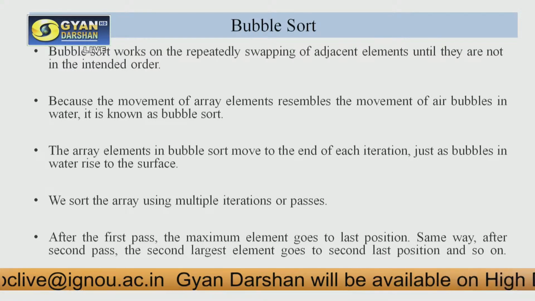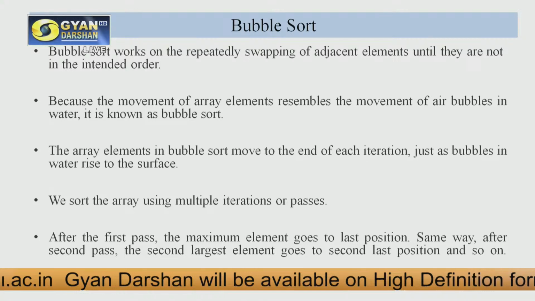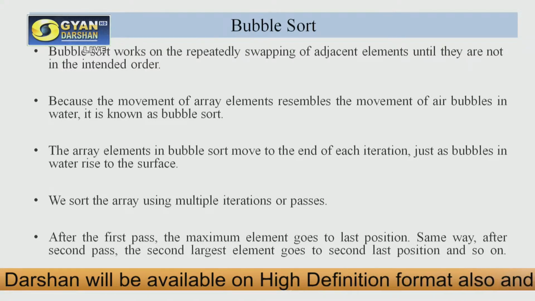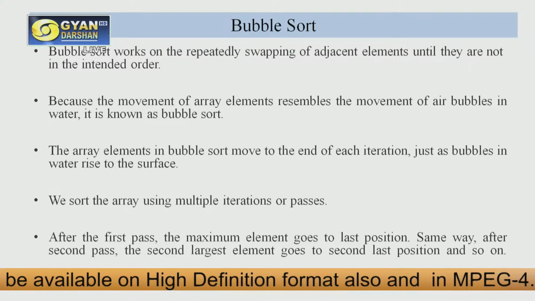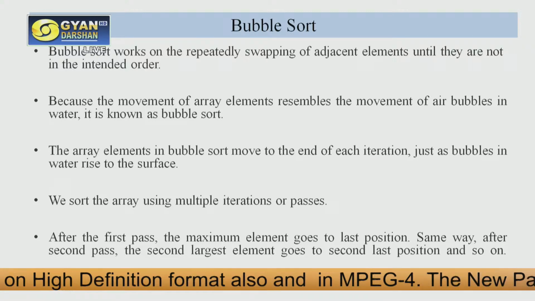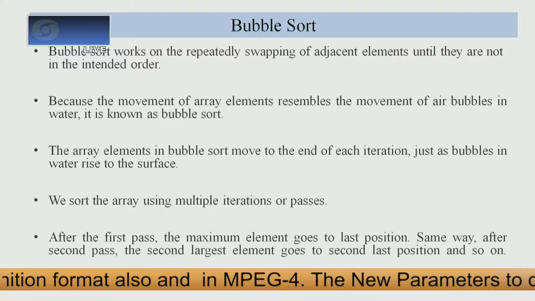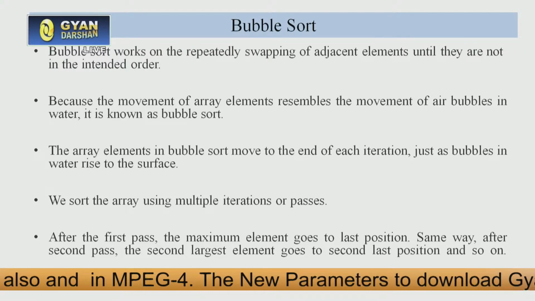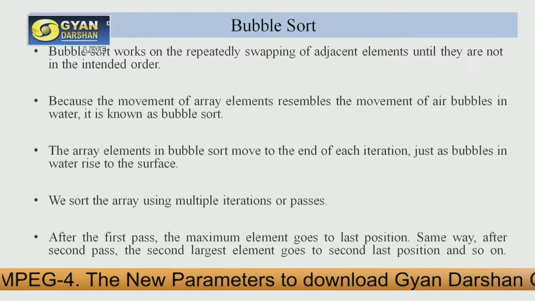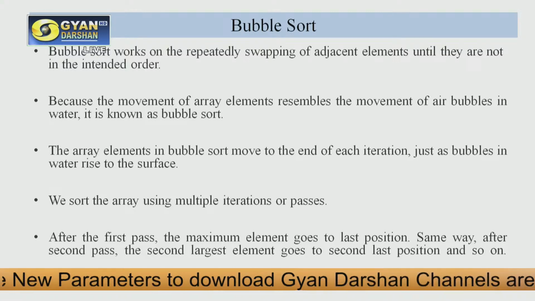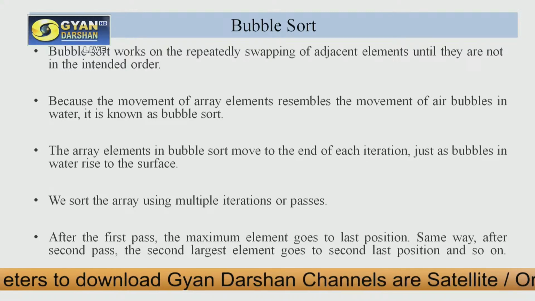And fourth with the fifth. So at last the biggest element will be transferred to the last location of the list. And this completes one pass of sorting, we can say.